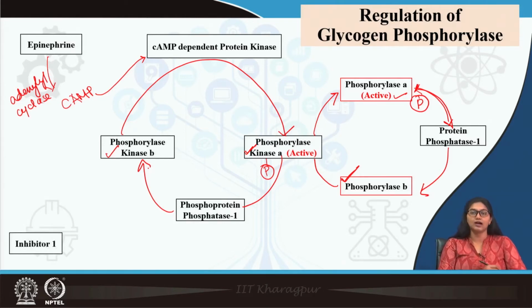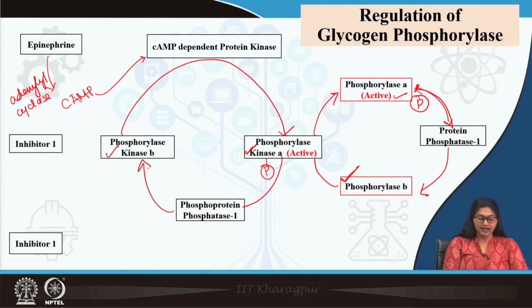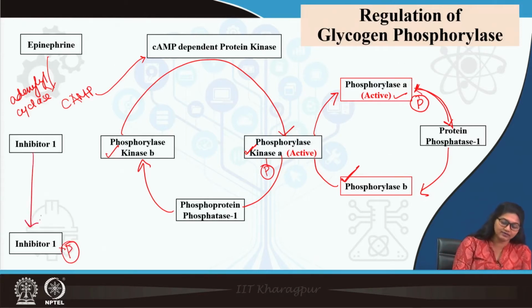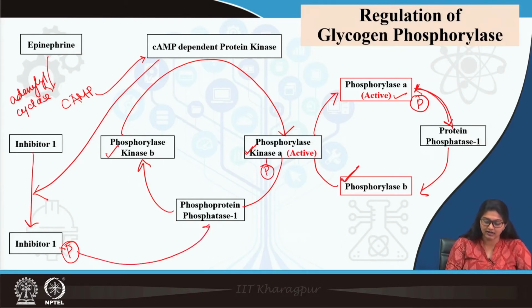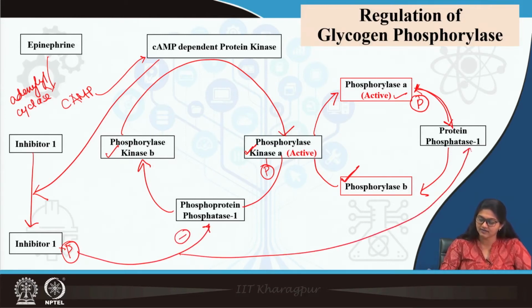This inhibitor 1 is also present in active and inactive forms, and definitely the active form is once again the phosphorylated form. Again, this phosphorylation is done by cyclic AMP dependent protein kinase. So, cyclic AMP dependent protein kinase activates inhibitor 1. On activation, this inhibitor 1 inhibits protein phosphatase.